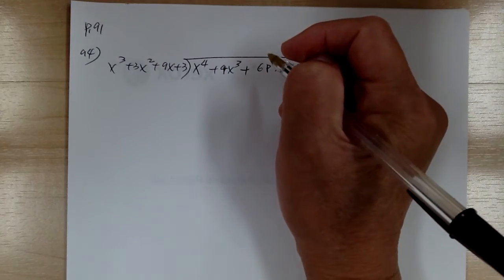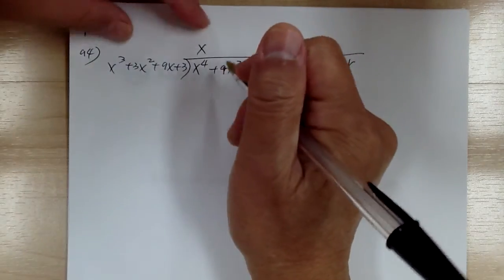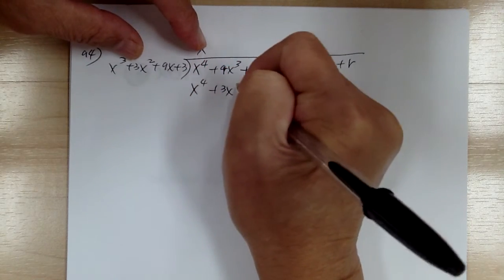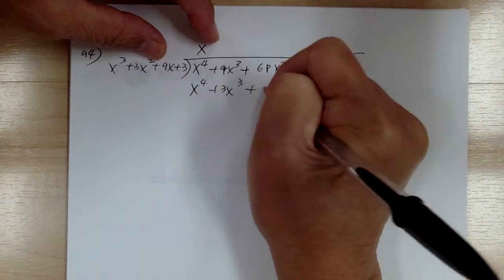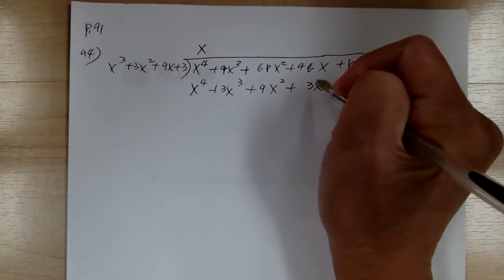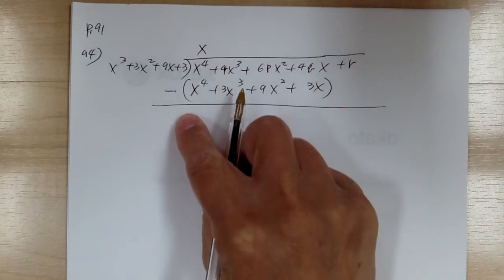So that's going to divide. The first term would be x, so this would be x to the 4 plus 3x to the 3 plus 9x squared plus 3x. Then you subtract, put parentheses, subtract, so they cancel out.